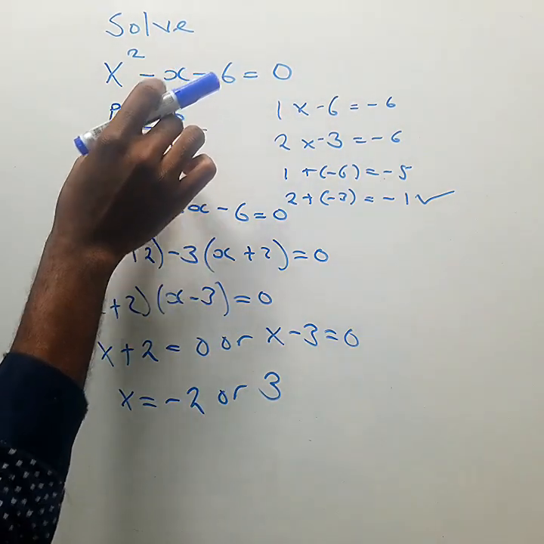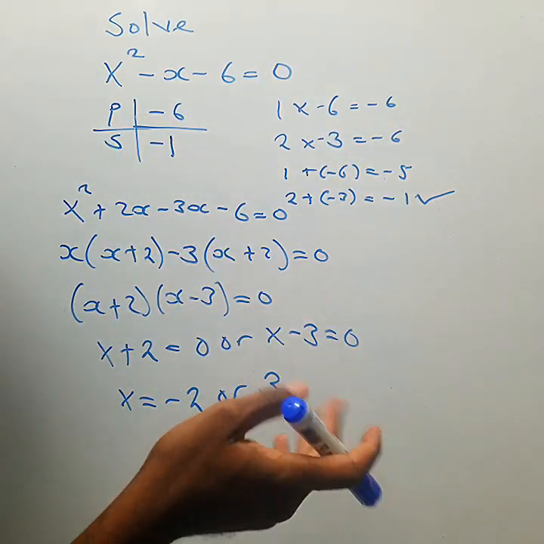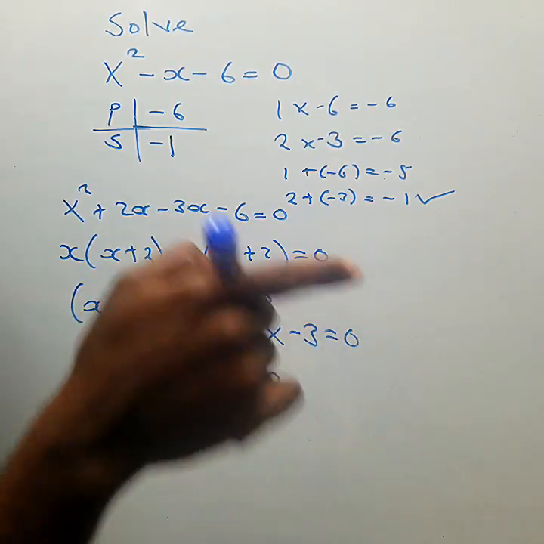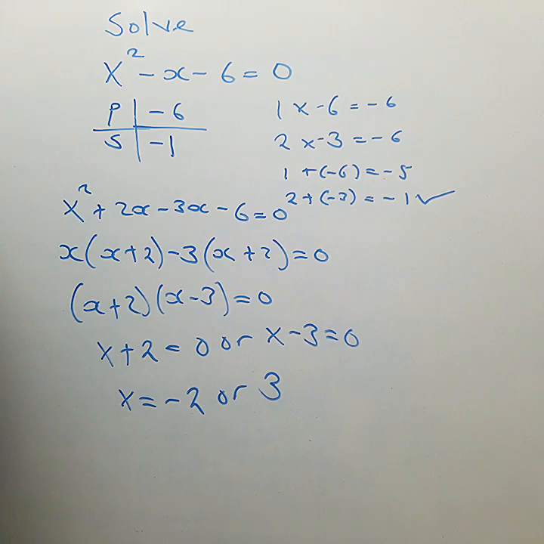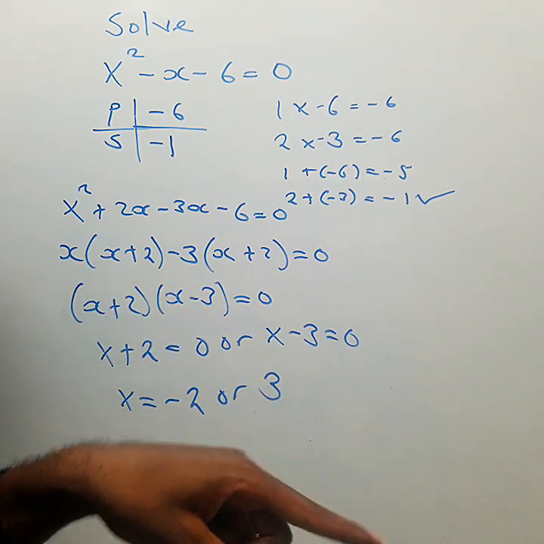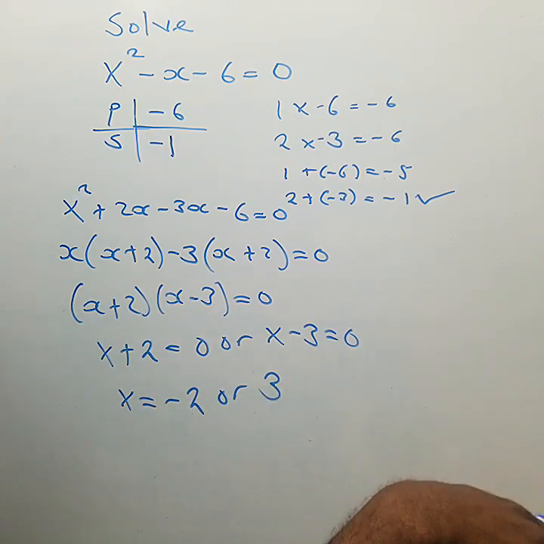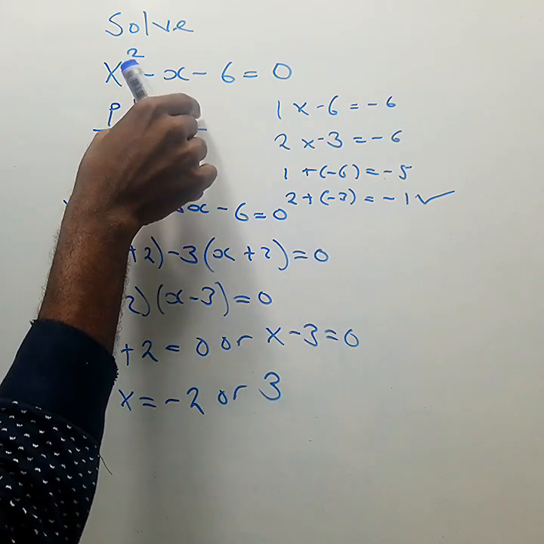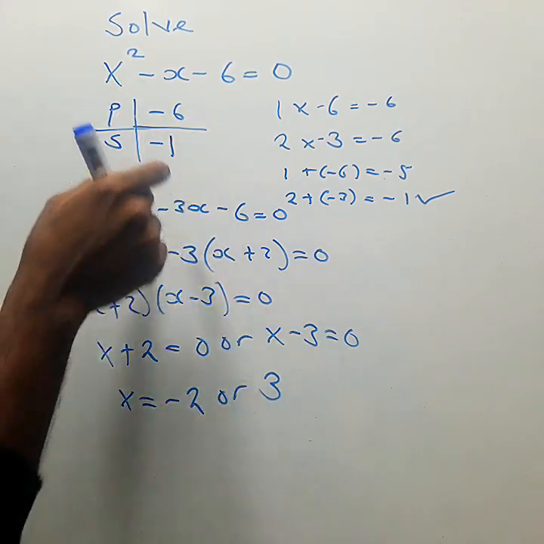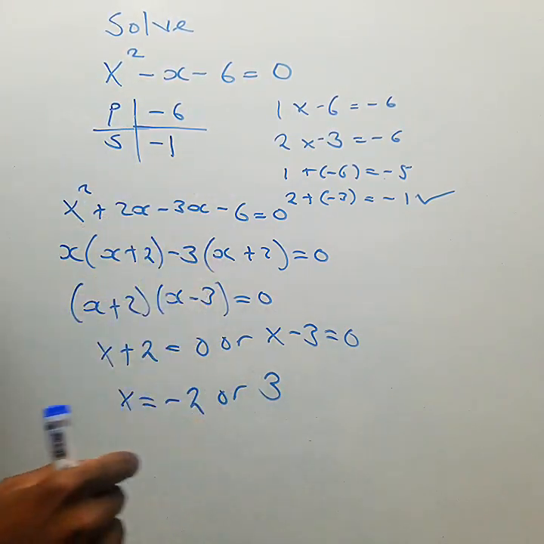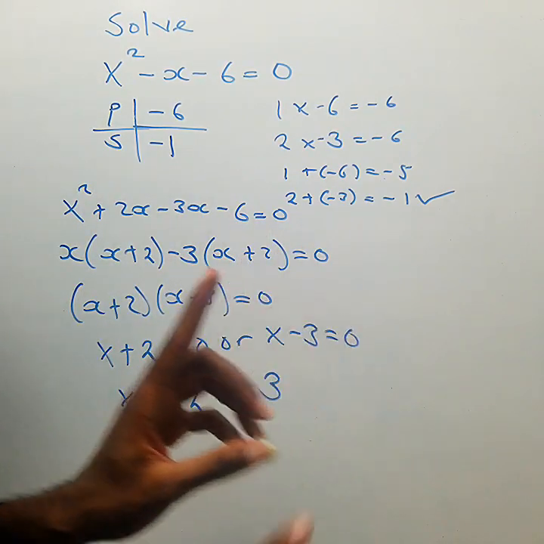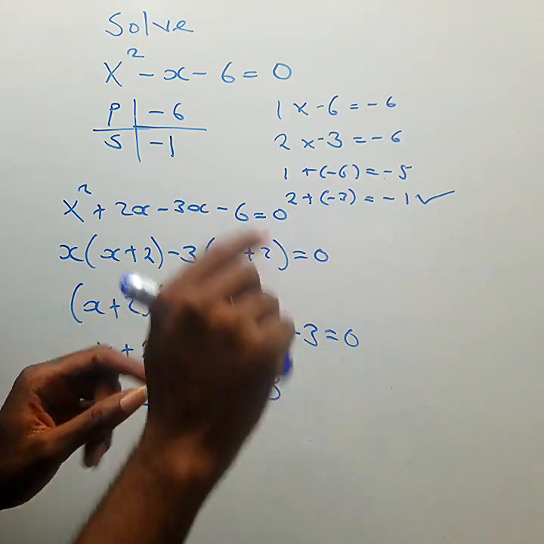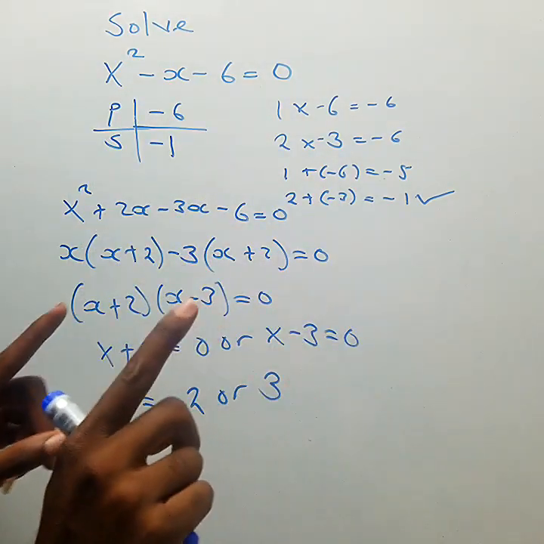If the product is a negative, meaning one of the two numbers must be a negative. If the sum is a negative, that means of the two numbers, the bigger one is the one that's a negative. If the product is a negative, yet the sum is a positive, meaning one factor is a positive, the other one is a negative, but from those two numbers, the bigger number is a positive.